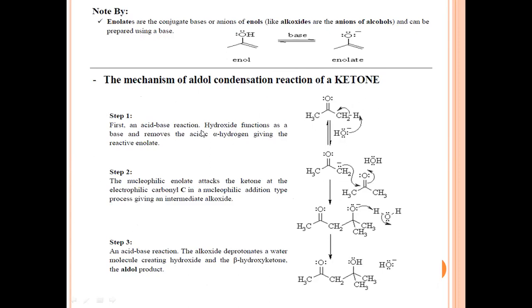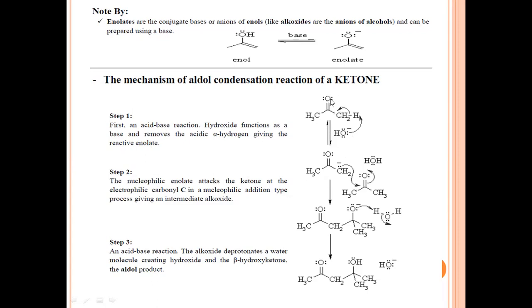So what will be the mechanism of action? It undergoes the following steps. Step number 1, in the case of aldol condensation with respect to the ketone molecule, is an acid base reaction: the hydroxyl ion functions as a base and removes the acidic alpha hydrogen atom which is there in the structure of the carbonyl functional group.